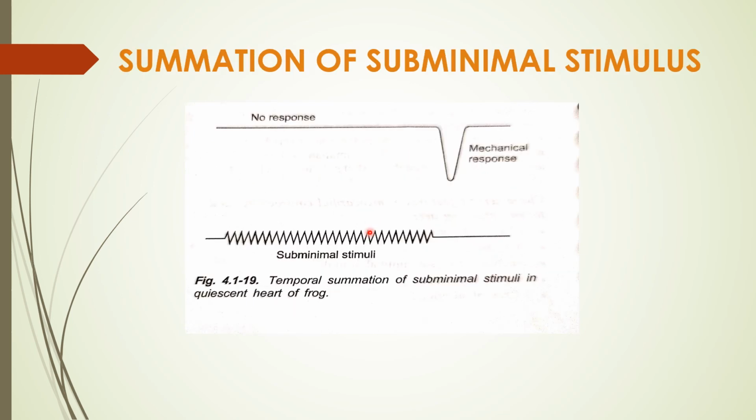The next property is summation of subminimal stimuli. When a subthreshold stimulus is applied to a quiescent heart, there is no response. When subthreshold stimuli are applied repeatedly at an interval of half to 1 second, a contraction of the heart occurs after about 10 to 20 stimuli.